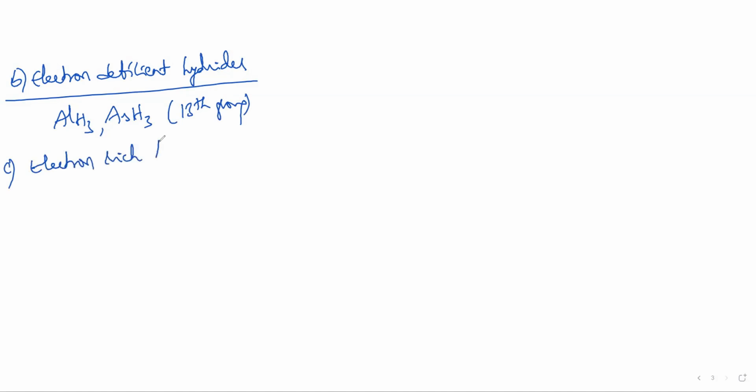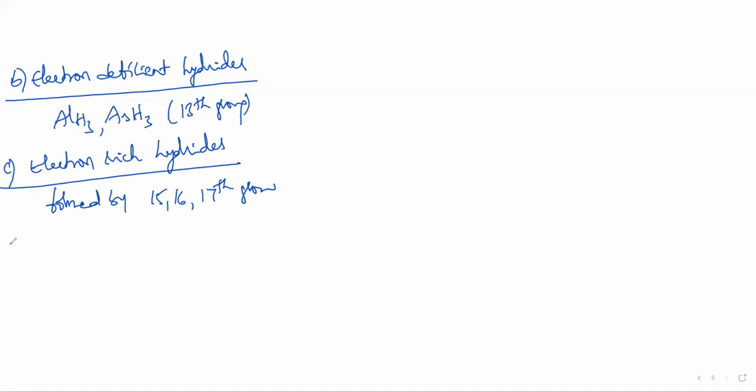Last one, electron rich hydrides. These are formed by 15th, 16th and 17th group elements. Examples: 15th, PH3; 16th, H2O; 17th, HF. All these are electron-rich hydrides. This is the second type, covalent.